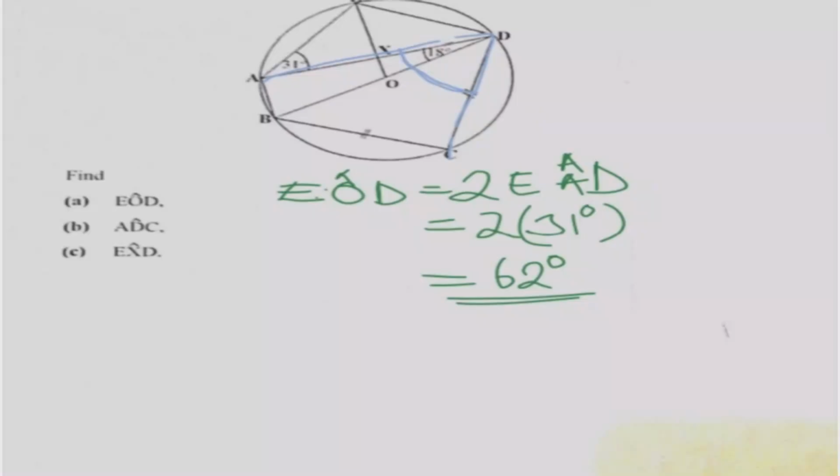Now remember, we have got this line here. Let me label this part so that we can understand that we want to find this angle. We can see that we have got an isosceles triangle.